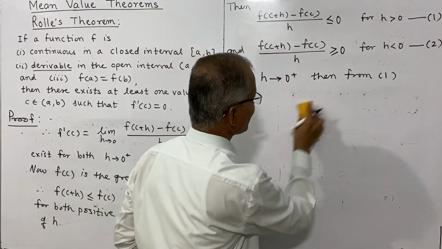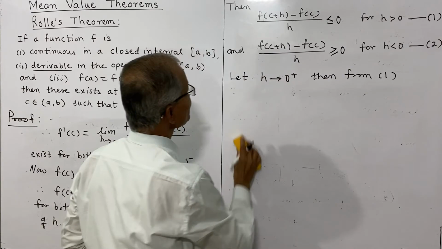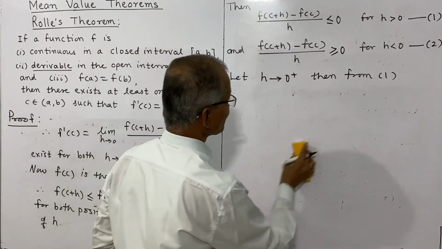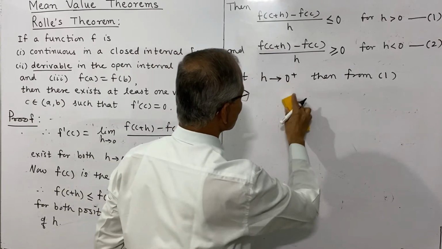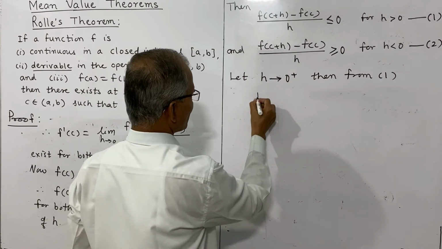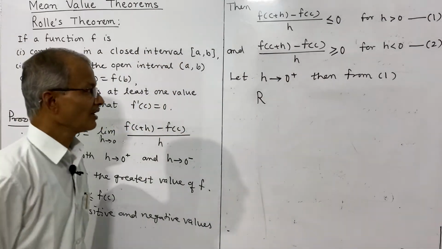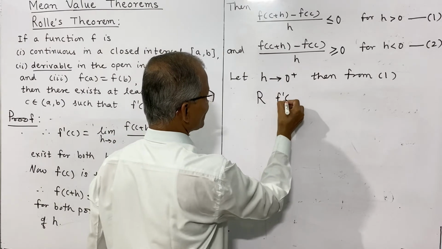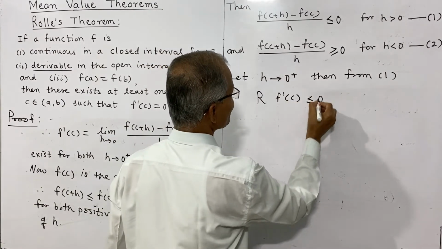Then from 1, R f dash of c is less than or equal to 0. R stands for right hand derivative.